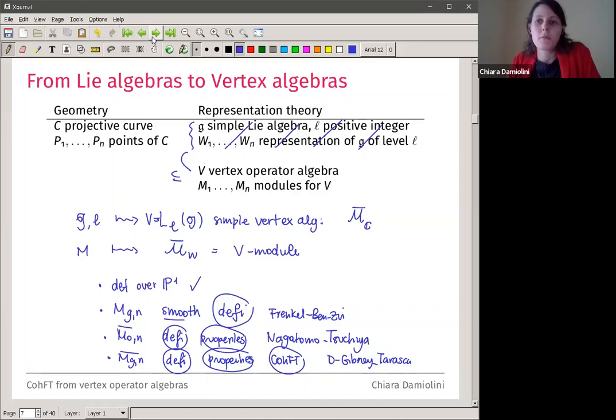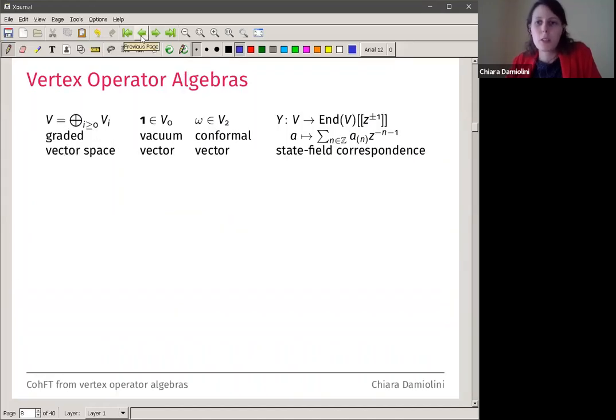Okay, so by a vertex operator algebra, I mean a graded vector space which has two special objects, one in degree 0, one in degree 2, called the vacuum vector and the conformal vector respectively. And to every element of this vector space, I want to associate a family of endomorphisms. The way I associate it is through this map that I usually call Y, which is called the vertex operator or the state-field correspondence.